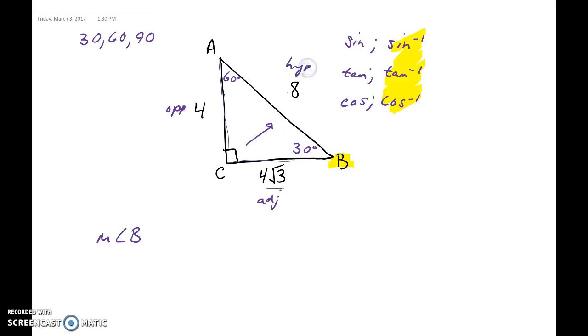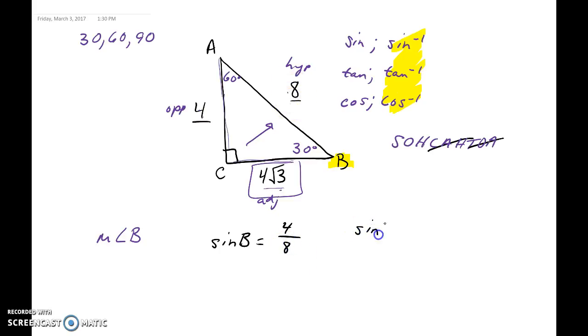Since our adjacent is 4 root 3, I'm not going to use that one, because it's a little bit harder number to work with. So that eliminates our cosine and our tangent. So you could say sine of B is equal to our opposite, 4, over our hypotenuse, 8. So sine of B is equal to 1/2.